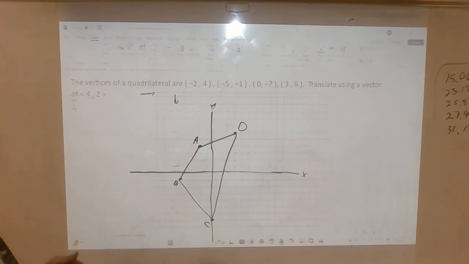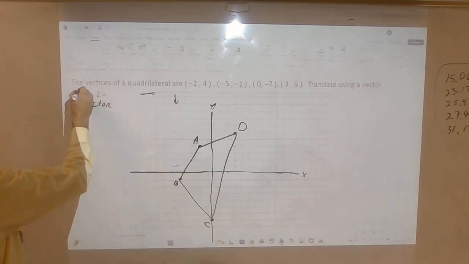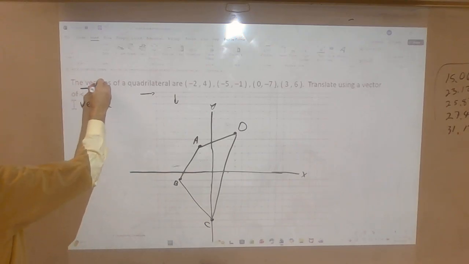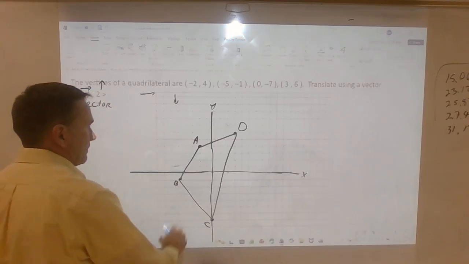Now it says we're using a vector of 4, 2. Here's my vector. Now my vector, both are positive, so I'm going to go to the right 4, and I'm going to go up 2 with every single one of my points.